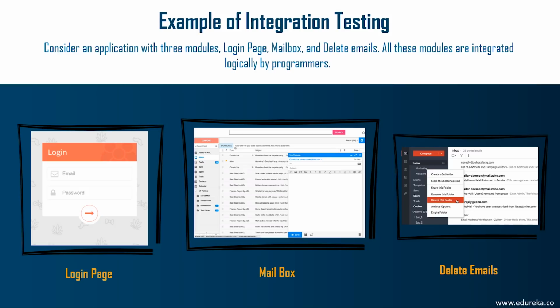So priority here is given to the integrated links instead of the unit functions that are tested in advance. So you do not have to focus on testing the login page as it's done already in unit testing. You should focus on its interface link with the mailbox page. Similarly, check the interface link of the mailbox with the delete email module.